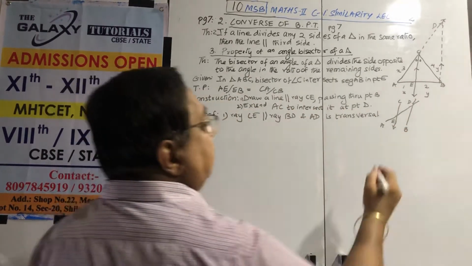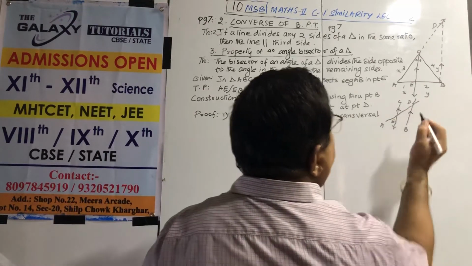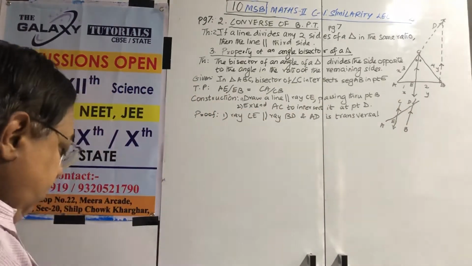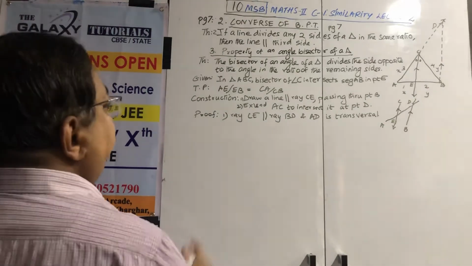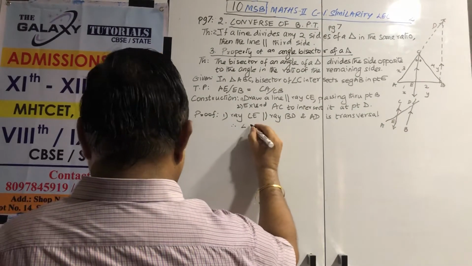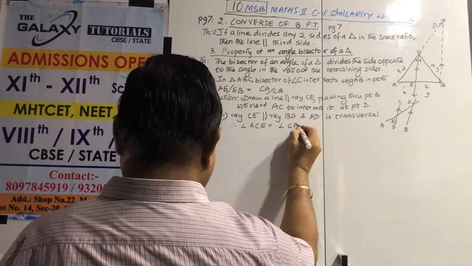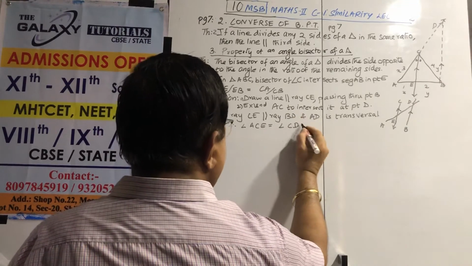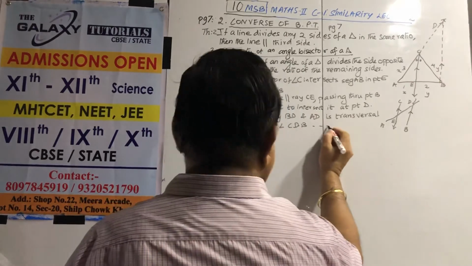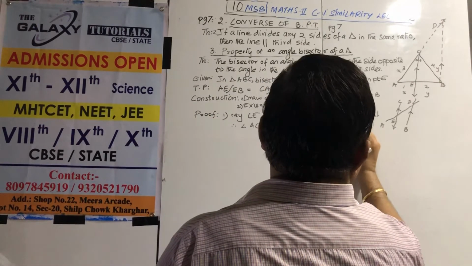So these are parallel lines and that is a transversal. Yes, my friends. Therefore, angle ACE is equal to angle CDB, okay, as corresponding angles.